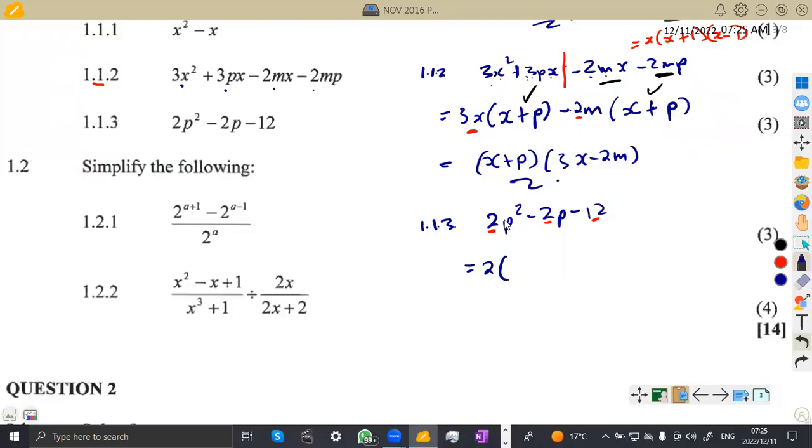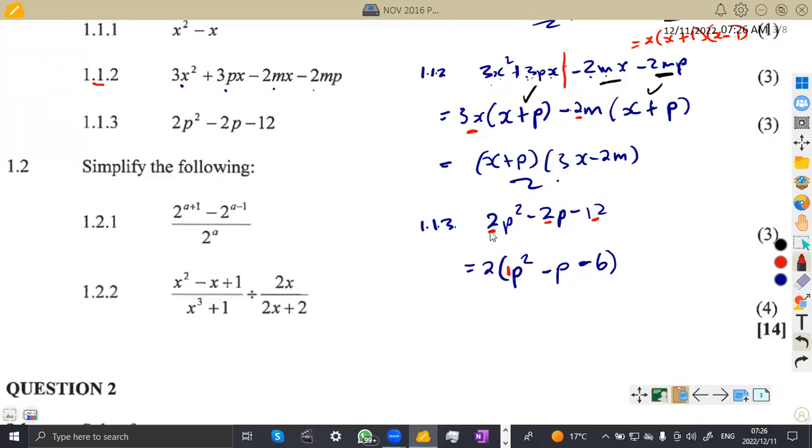So if we factor out 2, you divide 2p squared by 2, that is p squared, minus 2p and 2, this will cancel. You remain with negative p, minus 12 and 2, that is a minus 6 if we divide by 2. So we are remaining with p squared minus p minus 6, which is a quadratic expression. As we can see, now the coefficient of p squared is a 1.